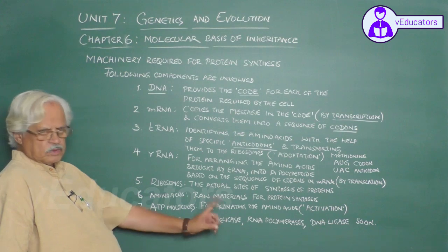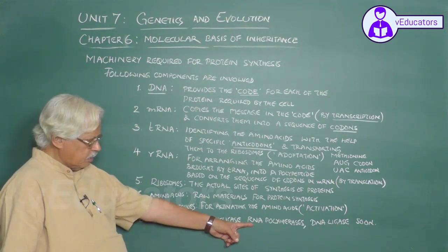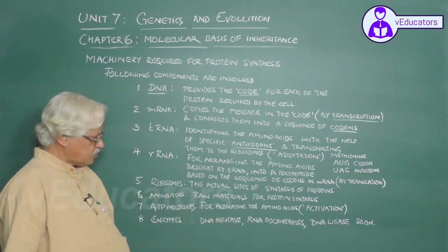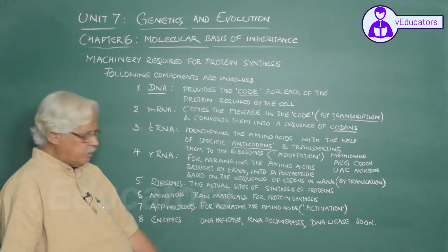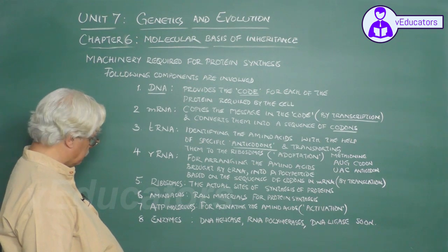A variety of enzymes, including RNA polymerase. If you take, for example, eukaryotes, there are 3 types of RNA polymerases: RNA polymerase 1, RNA polymerase 2, RNA polymerase 3, and so on.